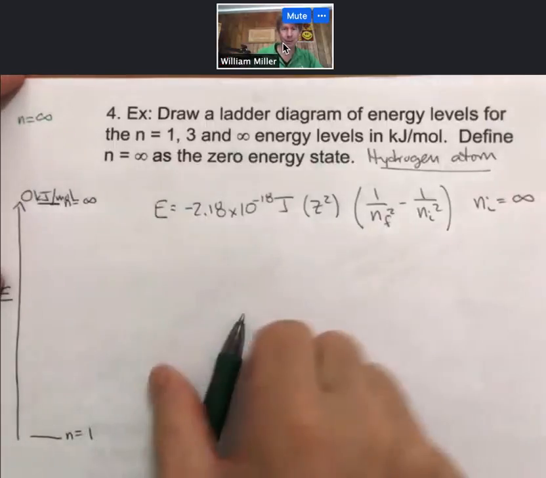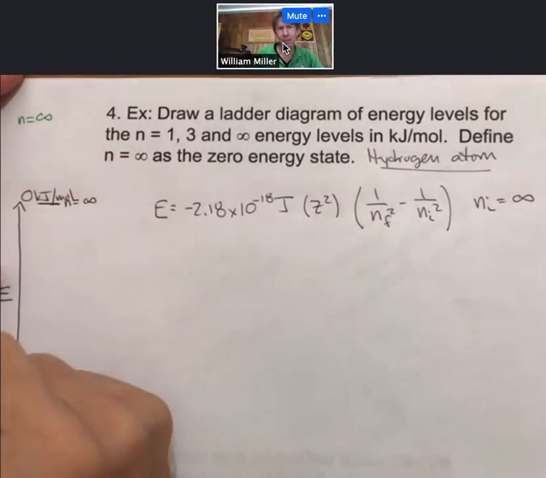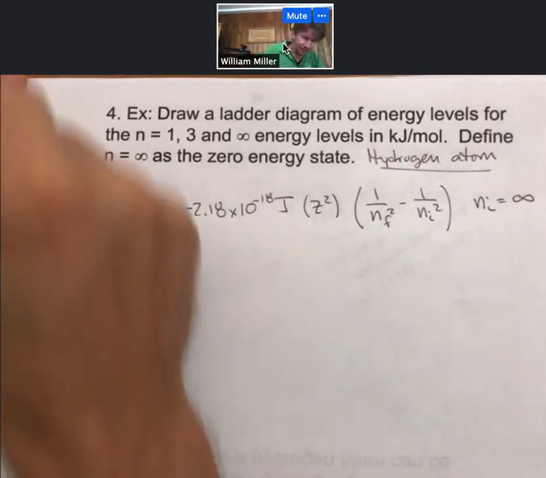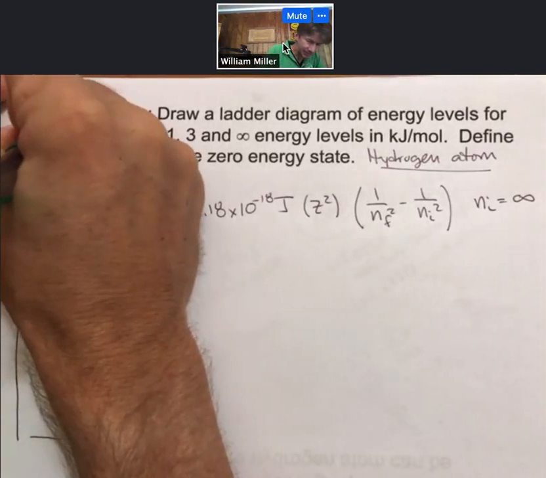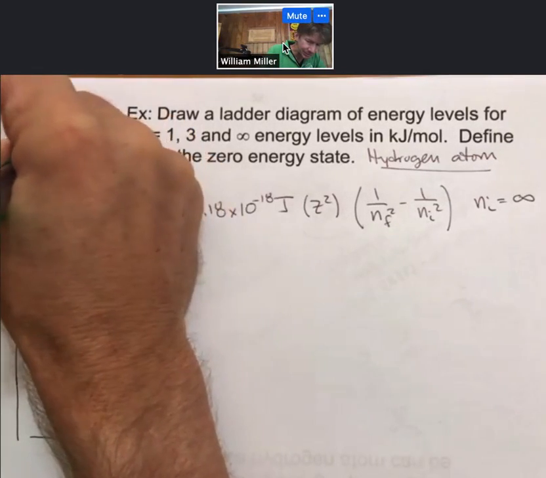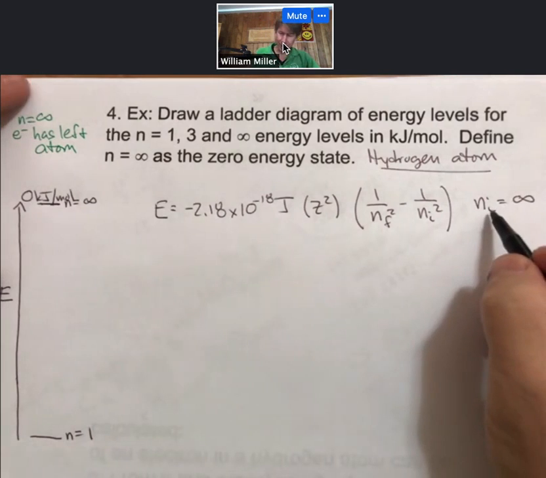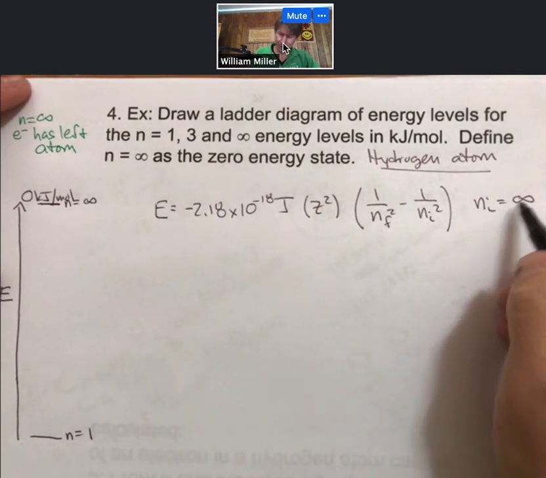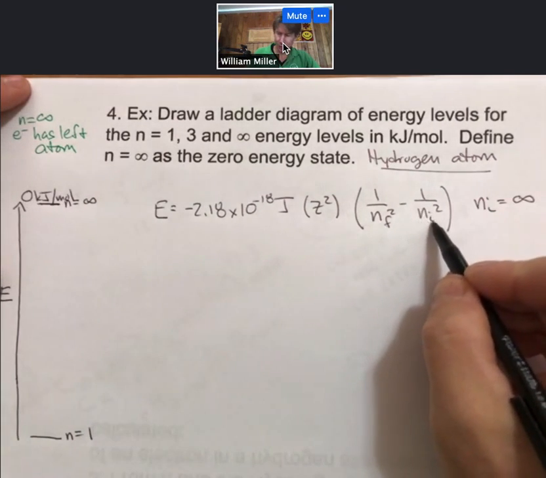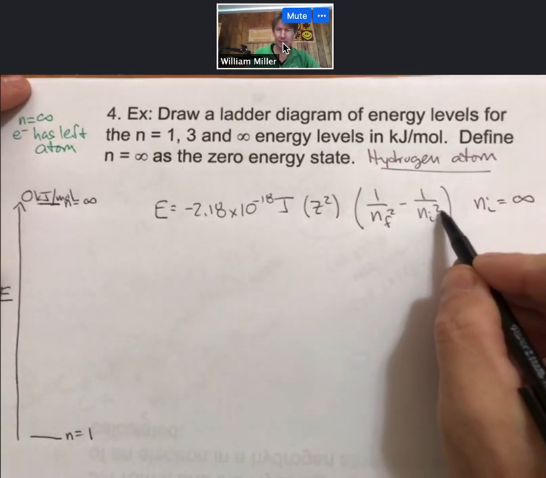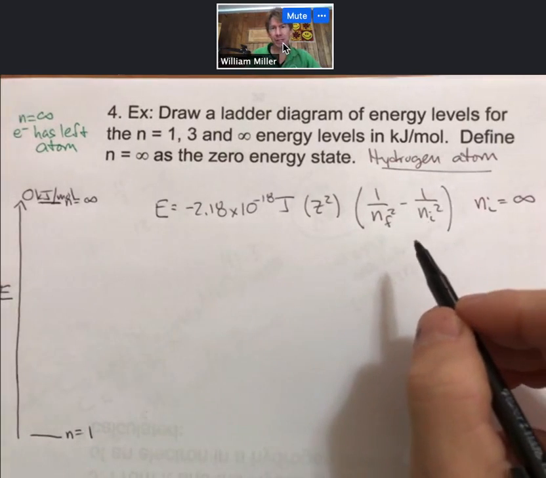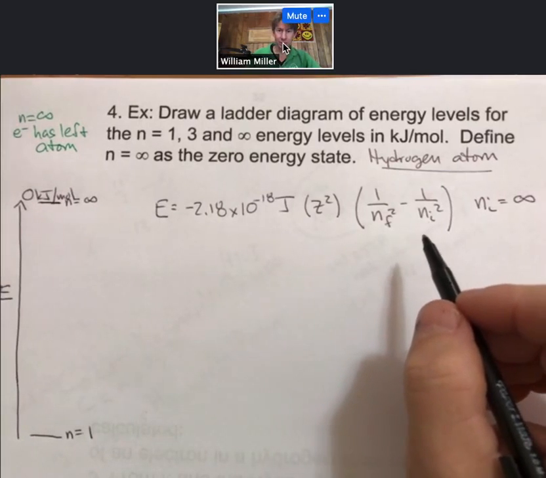N equals infinity means that the electron has left the atom, is no longer interacting with the atom, that is. Okay, so we now have this term where it's 1 over infinity squared, well, 1 over infinity is 0, 1 over infinity squared is also 0.